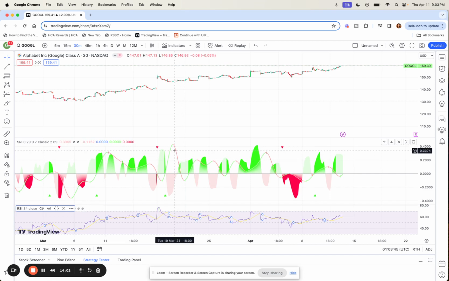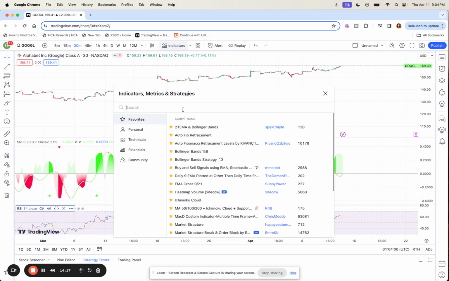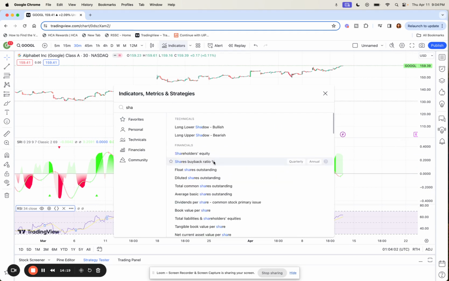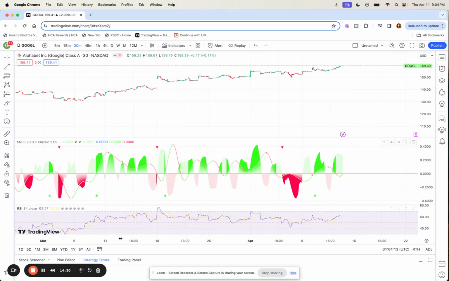But you definitely want to pair the Shadow Range Index. Again, it's the Shadow Range Index by Alpha XIOM, and the RSI.